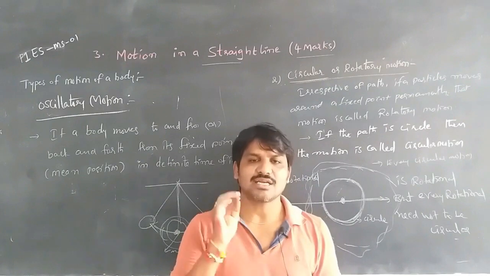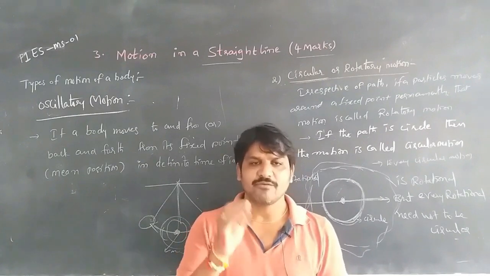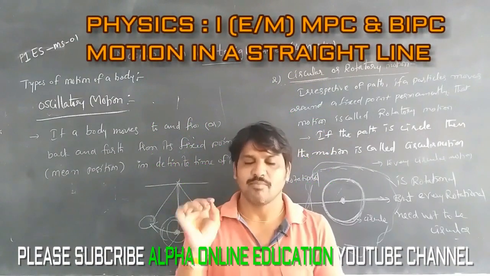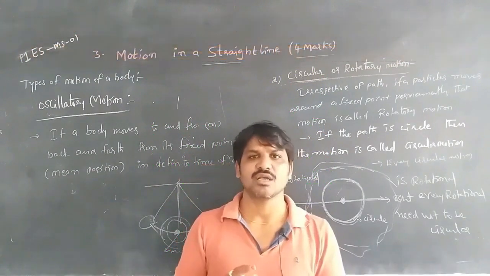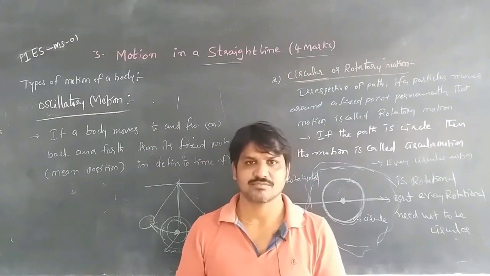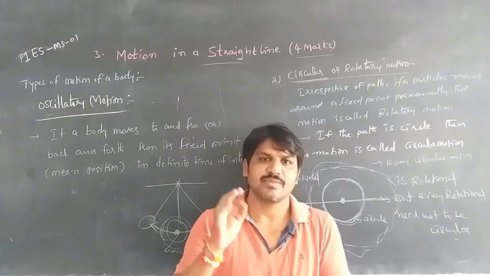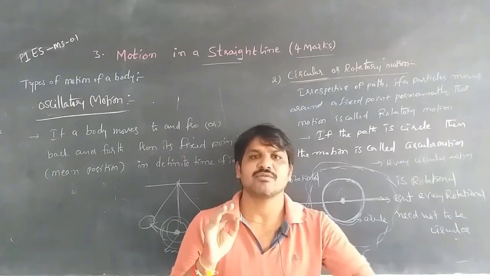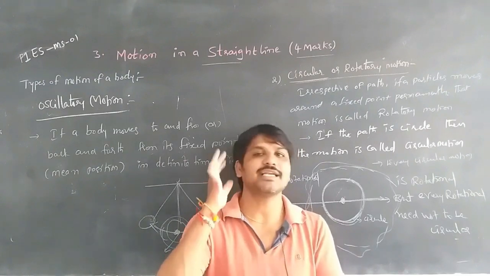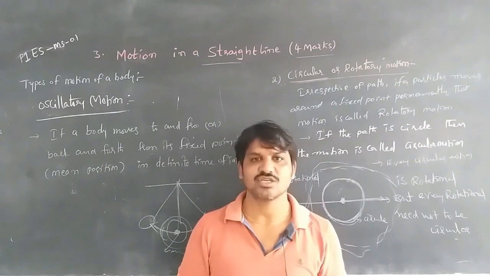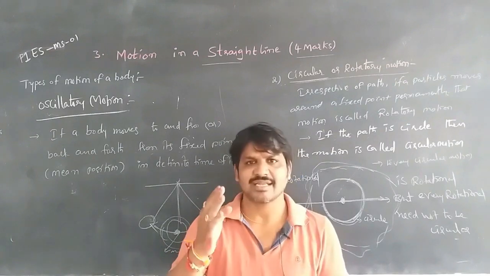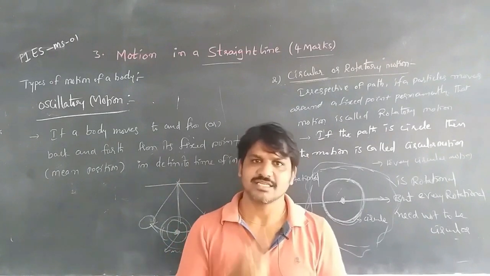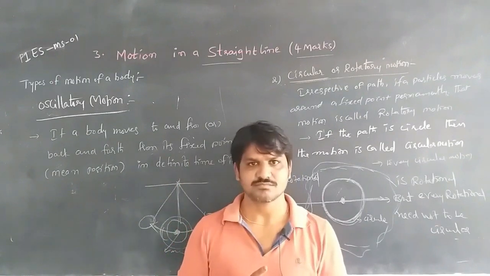Every circular motion must be rotational, but every rotational motion need not be circular, because of orbital motion: the earth moves around the sun in an elliptical path, not circular. That is also rotational motion.